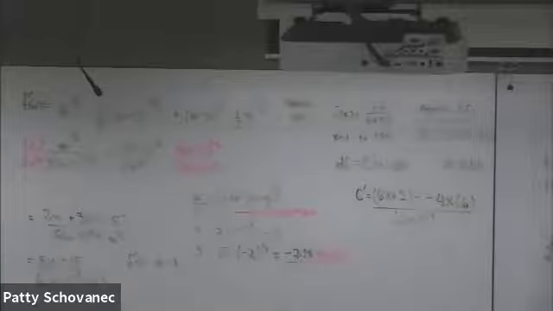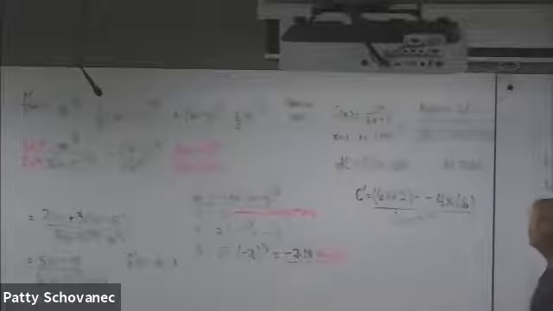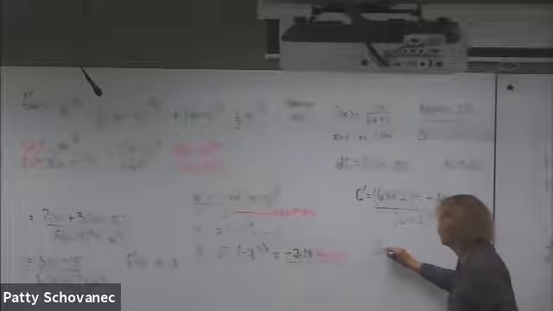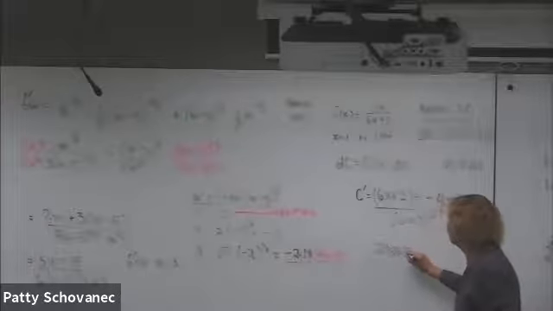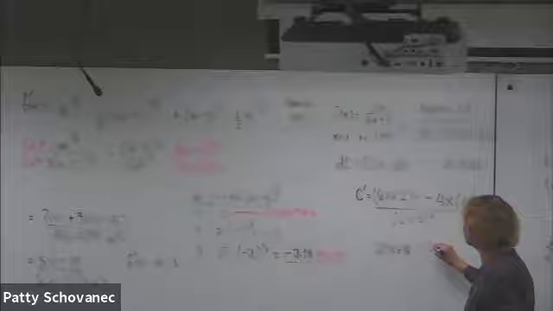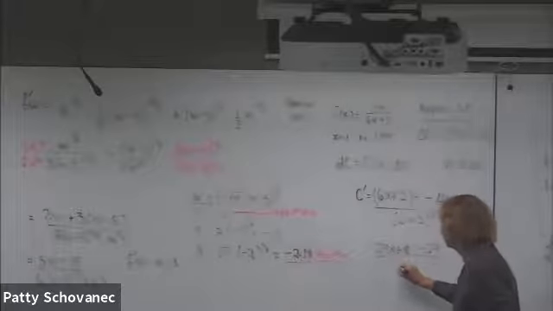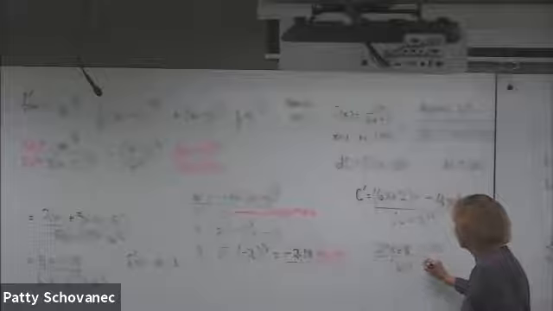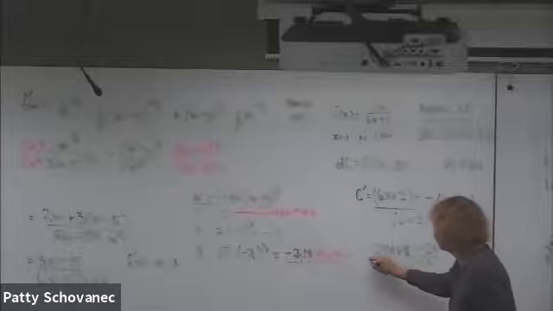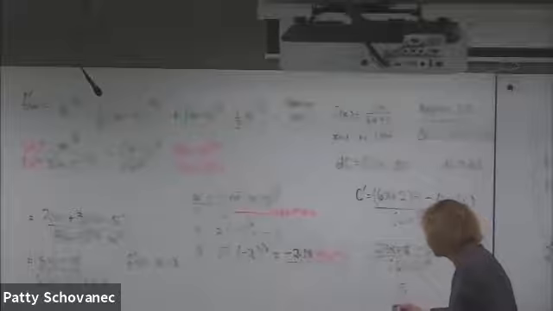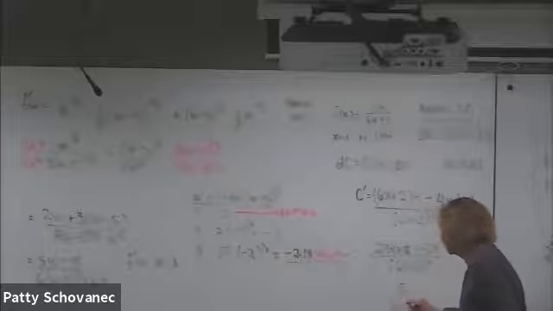Let's just multiply through those parentheses and collect like terms. I'm going to get 24x plus 8 minus 24x over that bottom squared. So the 24x terms cancel each other out, and we just have 8 over 6x plus 2 squared.